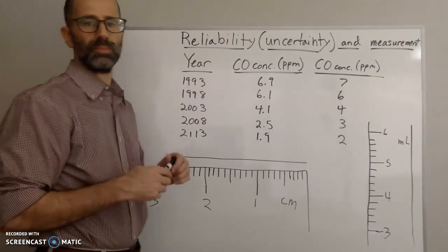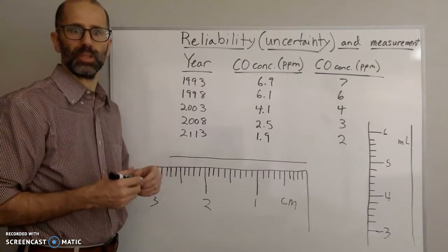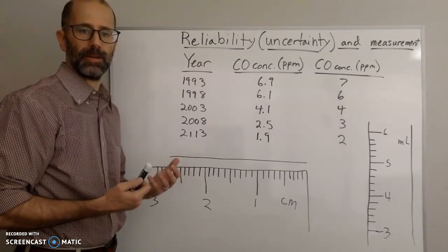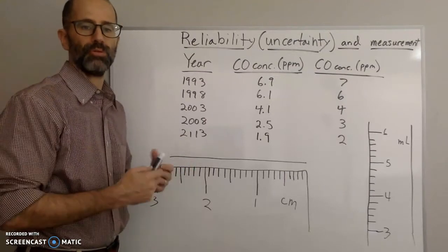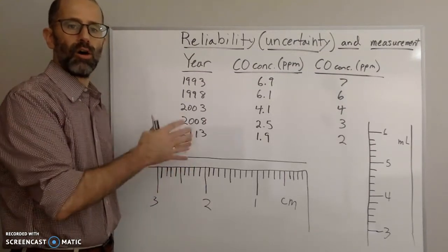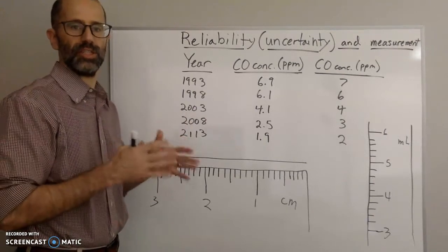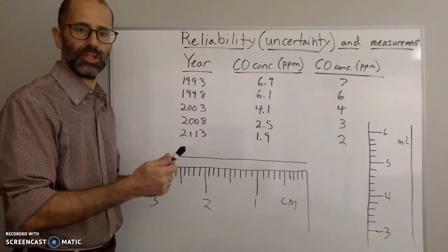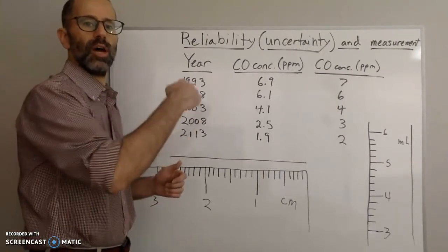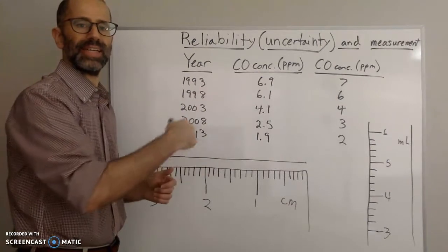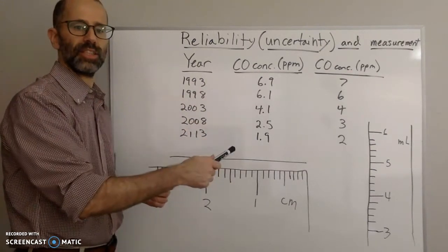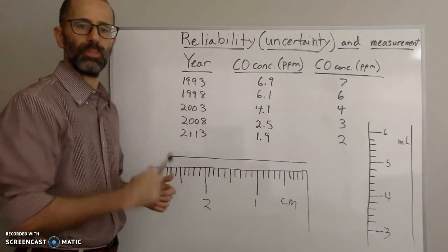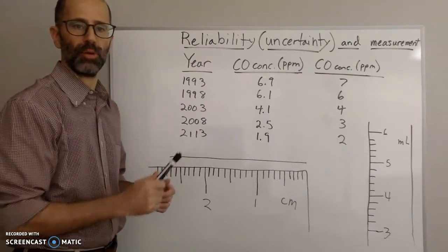Now, the rule is that when you are reporting data or your measurements, you report all the certain digits, the digits that you are sure about, plus one extra digit that's estimated. So the last digit is always going to be the estimated digit in any reported value, in any reported measurement.